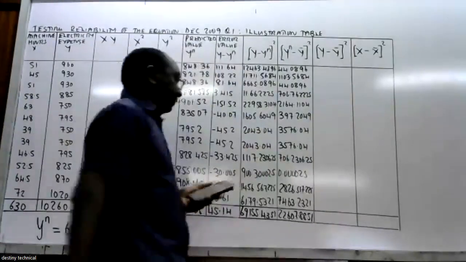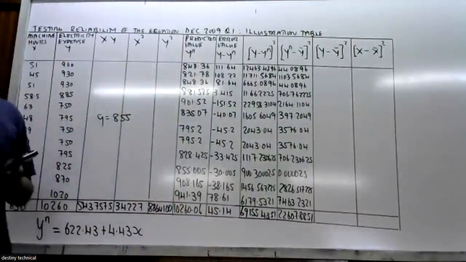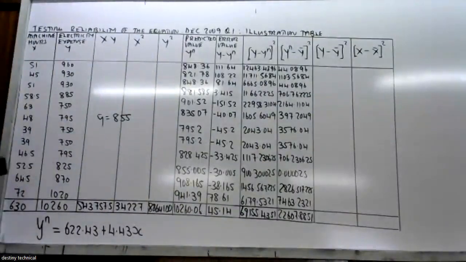That gives 22,607.8851. Yeah, it is okay. Good. Haya, tuende kwa hiyo ingine.